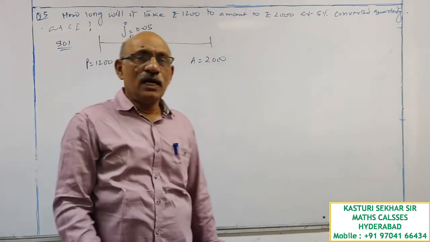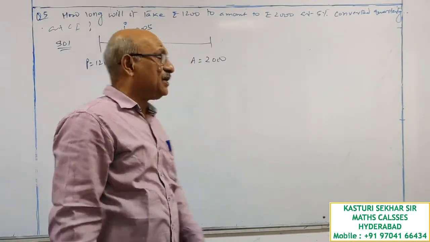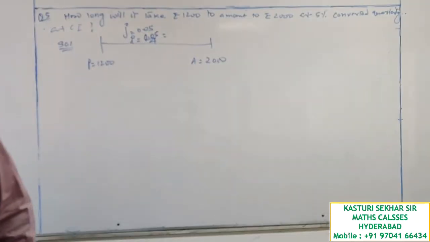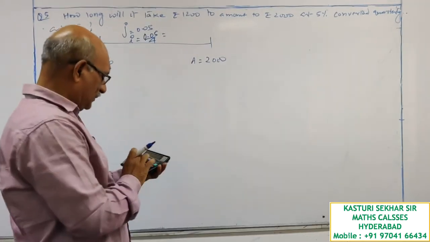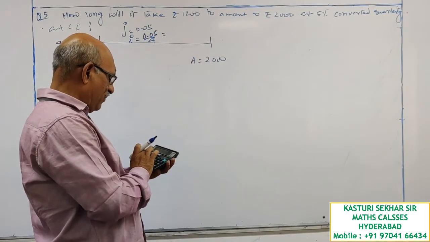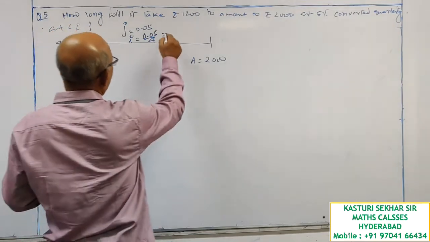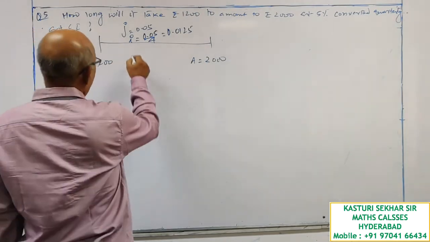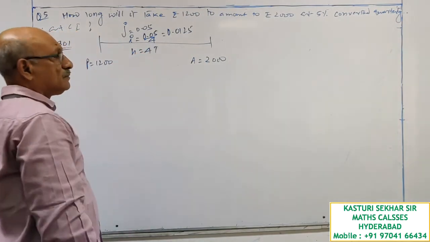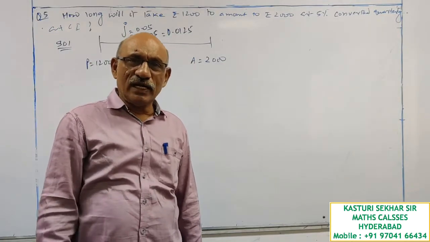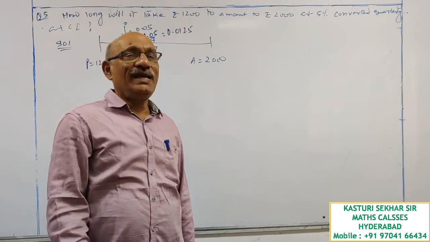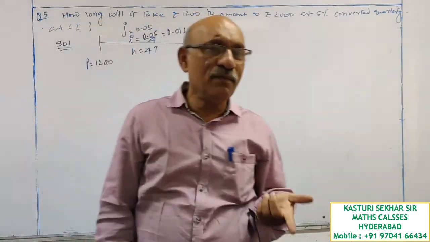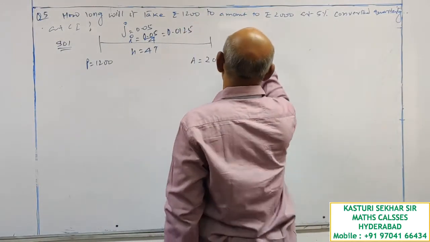The rate of interest used for calculations is 0.05 divided by 4, that is 0.0125. n is equal to 40 because interest is calculated quarterly: in 1 year the bank will calculate interest 4 times, so in n years it will calculate 40 times.